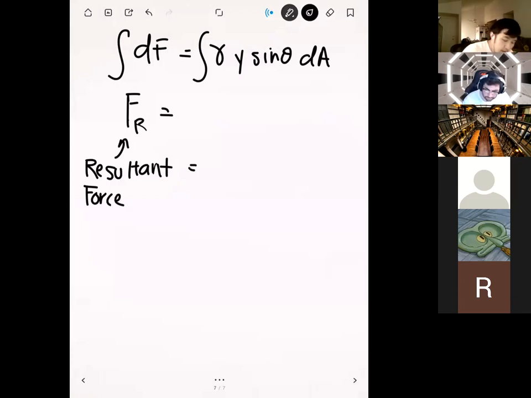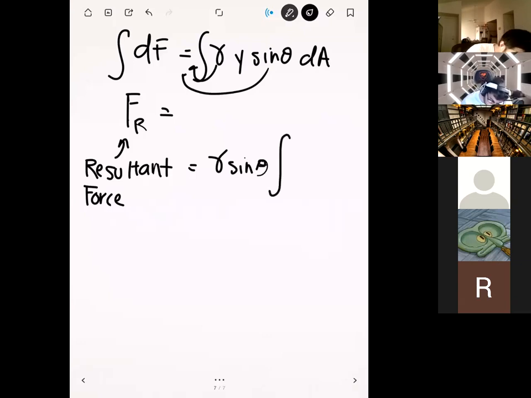Then if we go to the right-hand side and integrate, gamma and sine theta are going to be constants, so we can pull them out of the integral. Then we have the integral of y dA.